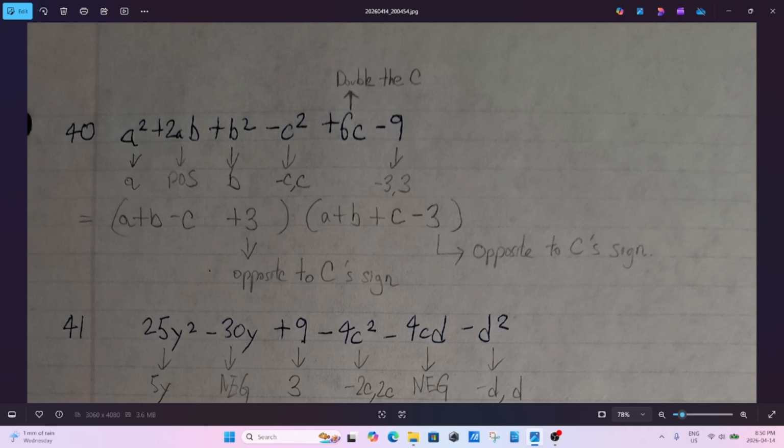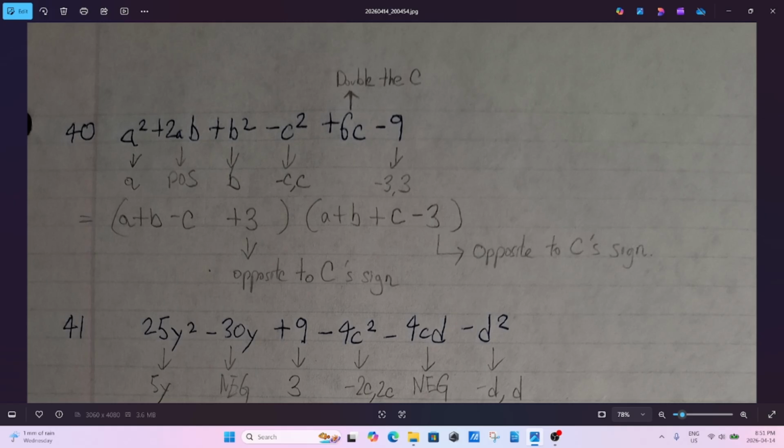So we're going to do plus 3 in the first bracket and negative 3 in the second bracket. And the reason is when 3c times the positive c, it has to be positive. So the first one has to be positive. And when the negative 3 times the negative c becomes 3c, so they get double the c. So that's why the second 3 has to be negative.